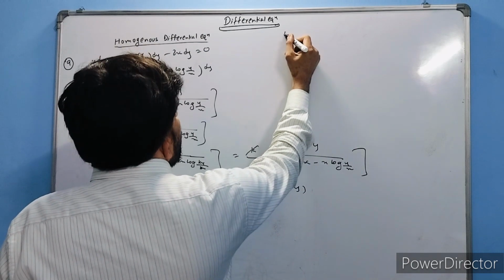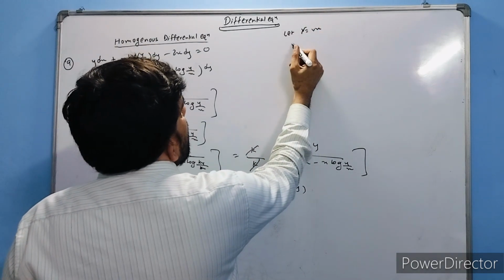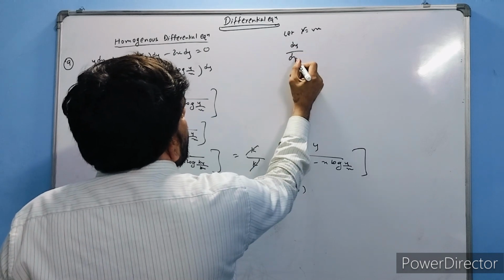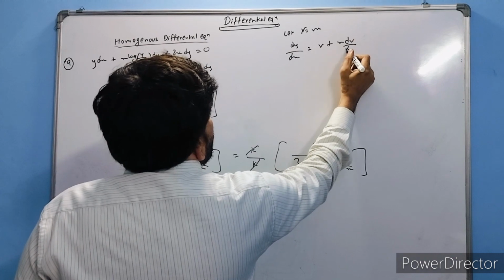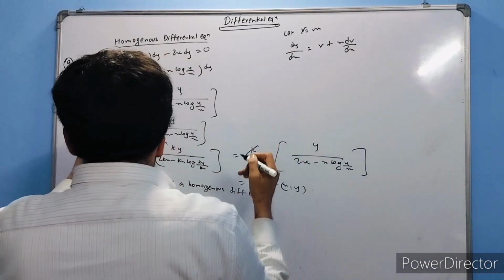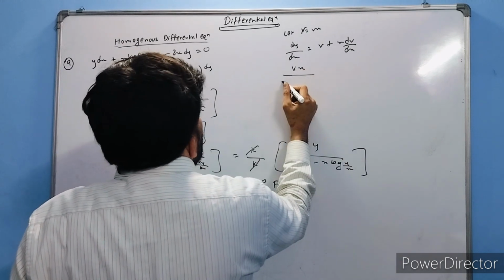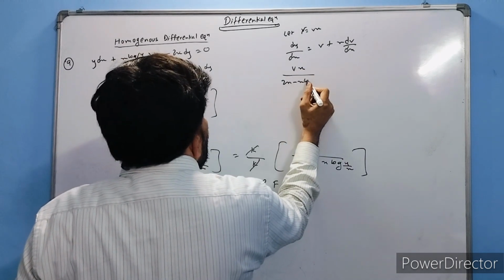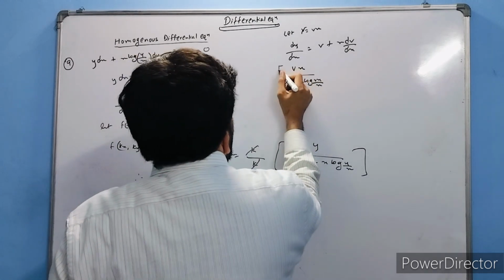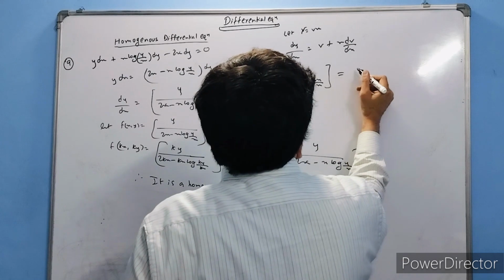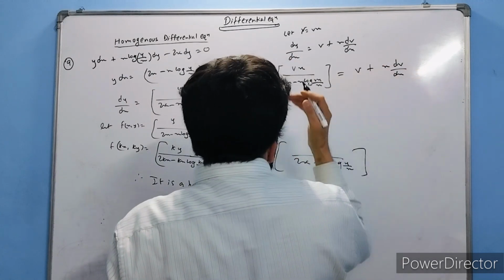Now let us solve it. We will write let y = vx. We'll put a substitution here. So dy/dx = v + x dv/dx. Now dy/dx we can put as vx/(2x - x log(vx/x)) = v + x dv/dx.